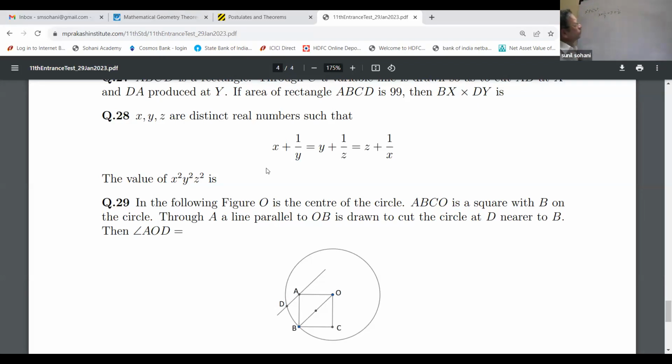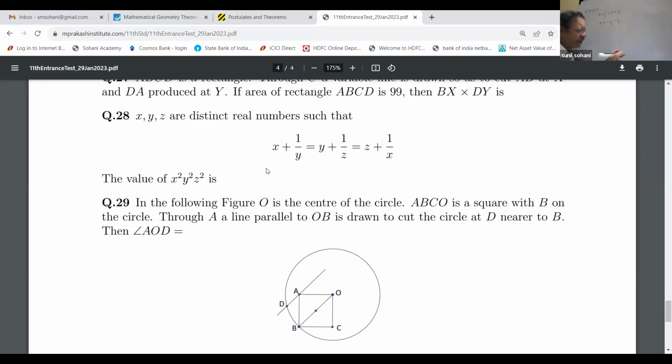Okay. If I do this, we can take a common variable, right, sir? Can we take a common variable? Like if we take x plus 1 upon y equal to k or something.